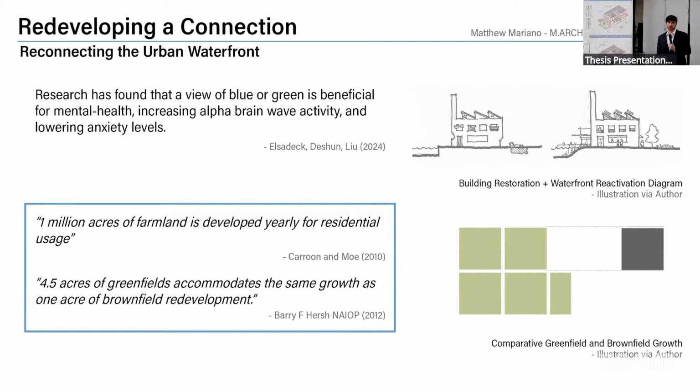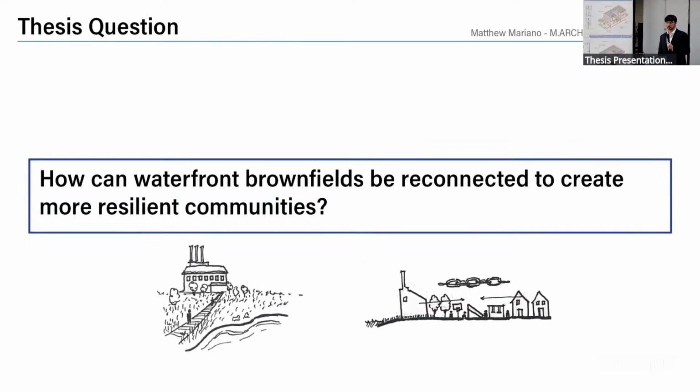Historic manufacturing sites are an opportunity for smarter land utilization, and the waterfront element of it provides an opportunity for environmental restoration as well. So the question is, how can waterfront brownfields be reconnected to create more resilient communities?